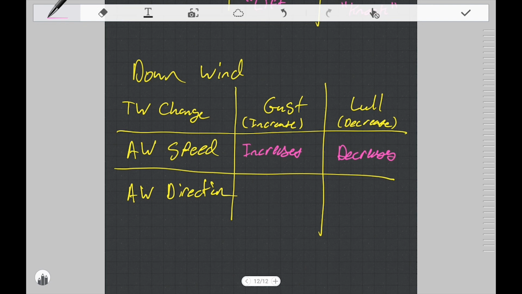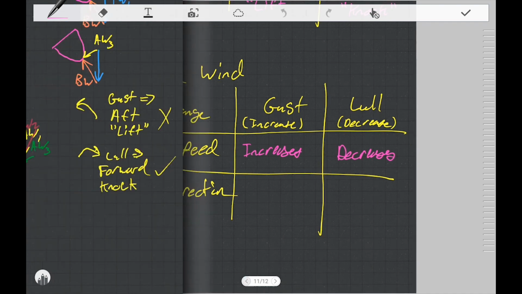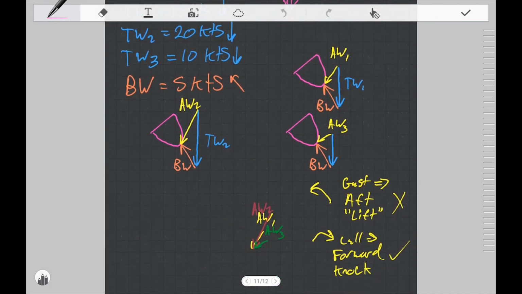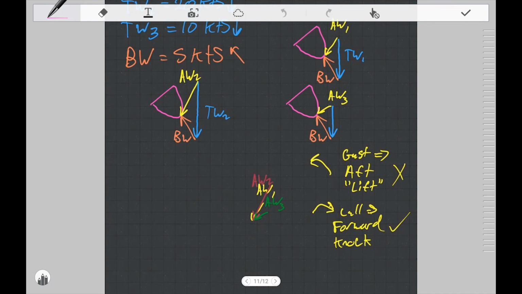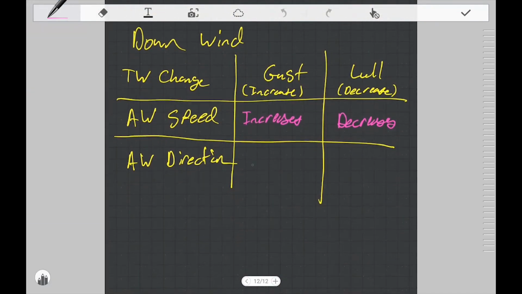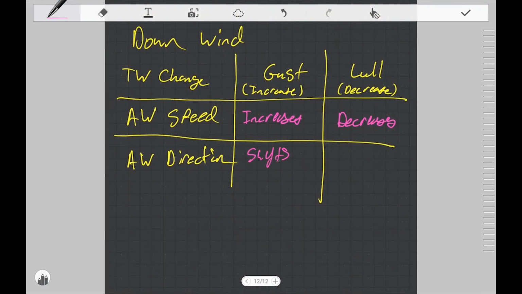Now when it comes to the wind directions, if we're sailing downwind and we get into a gust, like we saw with the last question, in a gust, the wind shifts aft, which is the same as saying that we get a lift. And conversely, when we sail into a lull going downwind, the apparent wind shifts forward. And that's the same as getting a knock.